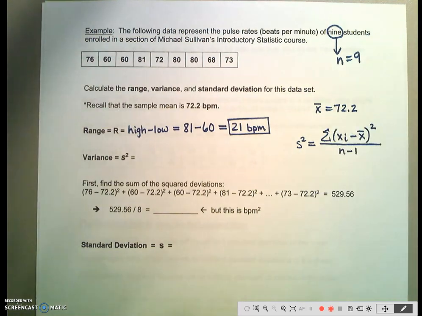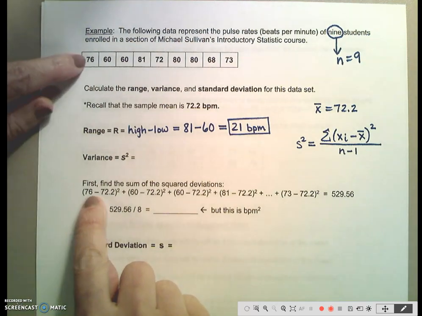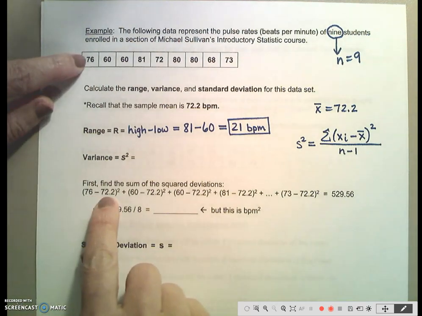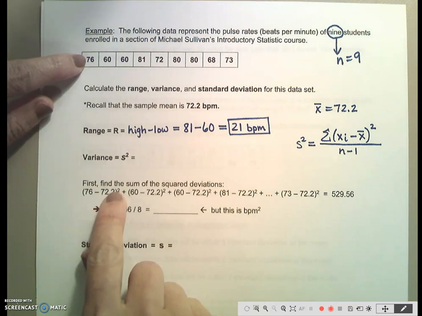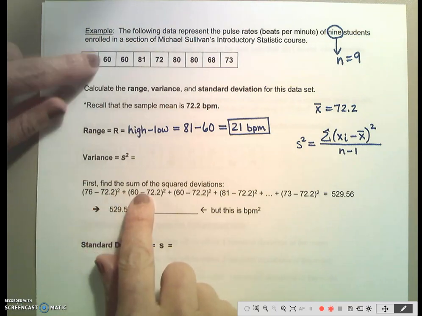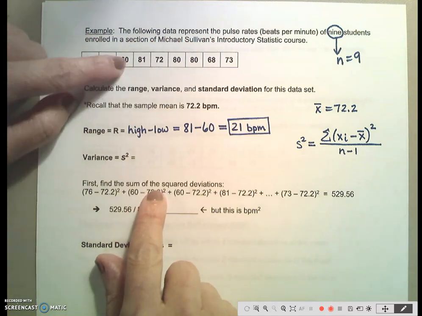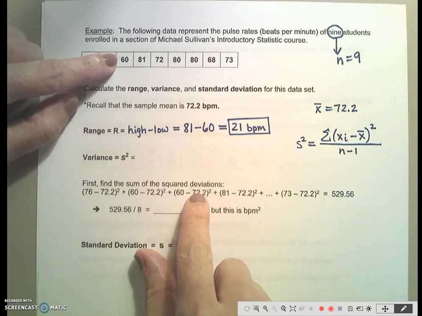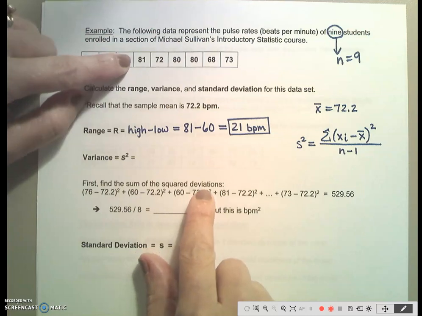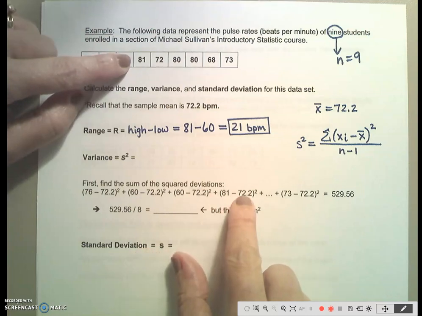And so I went ahead and typed it up so you guys wouldn't have to write so much. So start with the first data point, 76, minus the mean, and then you square it. Plus, do the next one, 60, minus the mean, square it. Next one, 60 minus the mean squared. The next one, 81 minus the mean. Do you see what we're doing here?